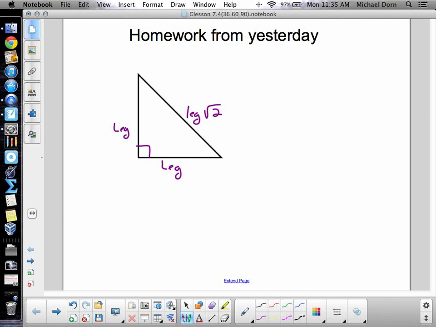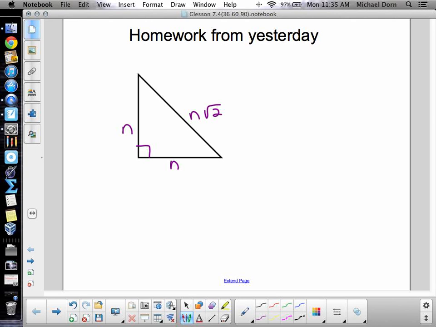Now, instead of writing leg root 2, we just put a variable there, n, instead of writing out the whole word leg. It's the same idea. The goal here is always to find the value of n, because if you find n, you know the lengths of both legs, and you take that value and multiply it by the square root of 2, and that's the hypotenuse. That's what we're doing, finding the length of that leg.